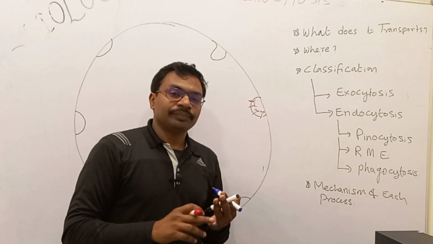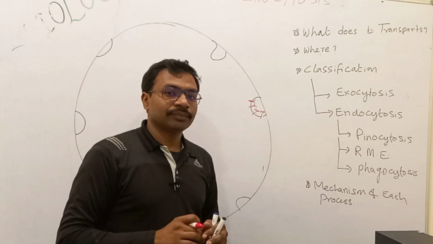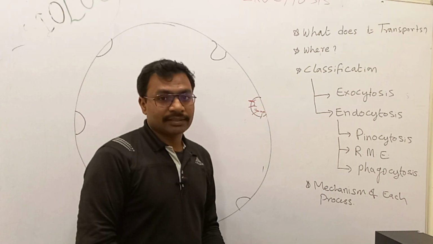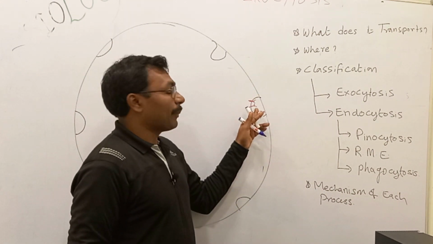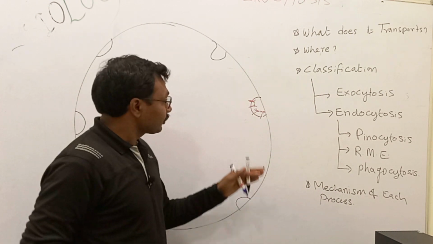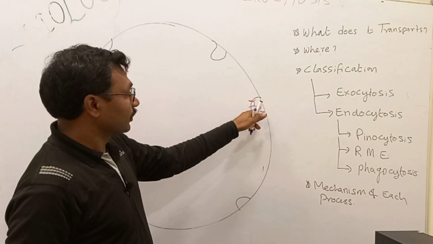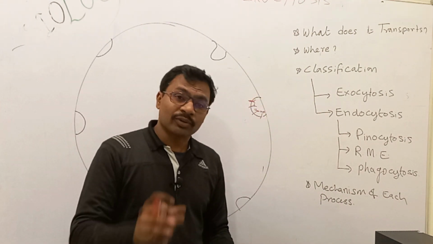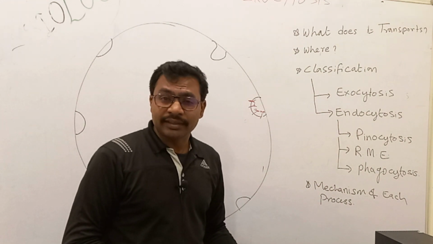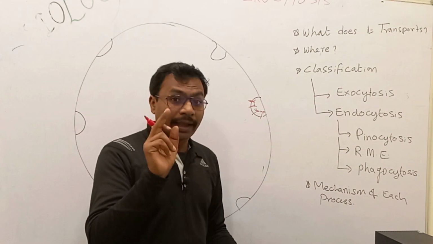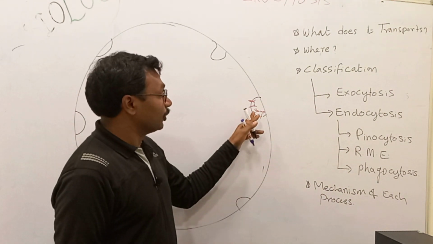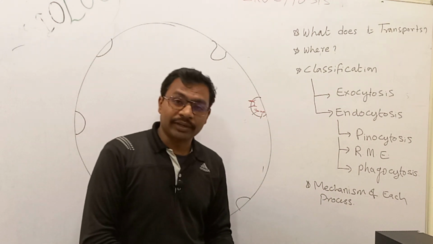For example, LDL receptors: the uptake of cholesterol by the cells happens through receptor mediated endocytosis. Iron uptake through the transferrin receptor, TFR, also happens through receptor mediated endocytosis.